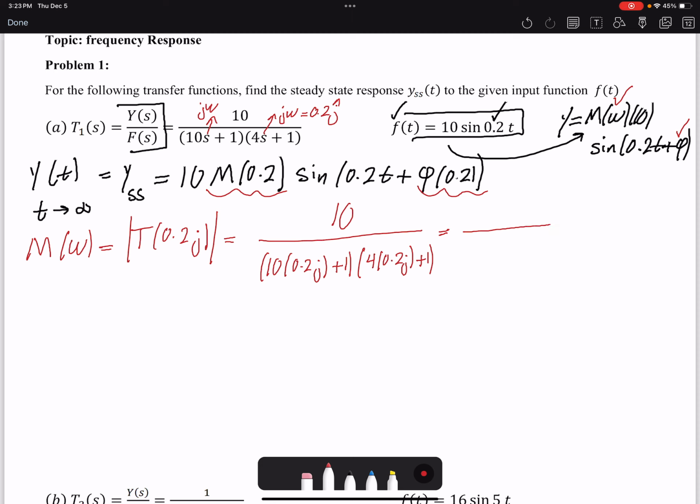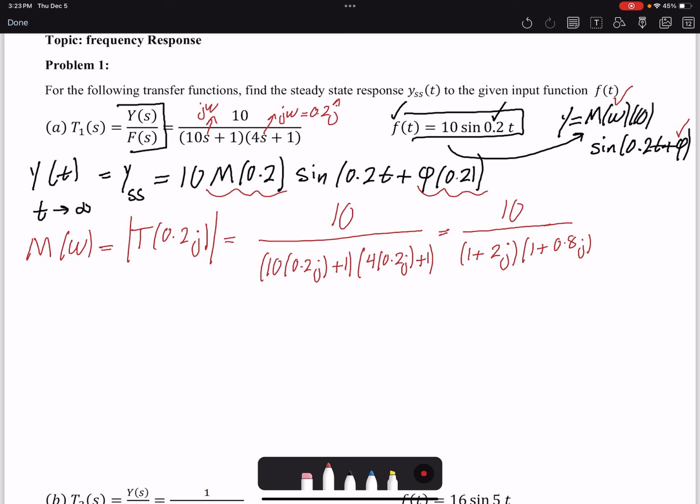If I simplify that, I will have 10 over (1 plus 2j), multiplied by (1 plus 0.8j). So that was the first step, changing s to jω, or 0.2j.